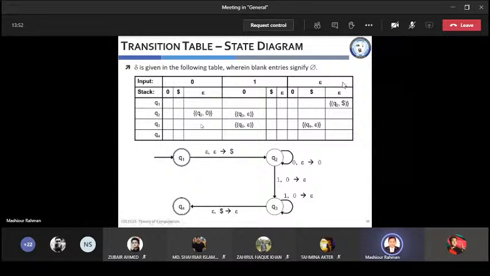Now, remember what the stack can have. The stack can have a 0 or a dollar symbol. Why the dollar symbol? We already know that. Why only 0, and why not 1? It is not 1 because we are trying to count the 1s based on the 0s pushed into the stack. If there are 3 zeros pushed into the stack, we expect that there will be 3 ones in the input.